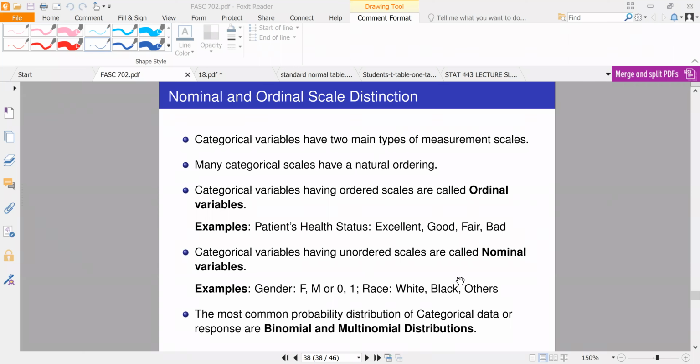Another one is the case of gender, like I said, male or female. If your research requires you to talk about the race of individuals, then again, you can assign the values, the scales accordingly.